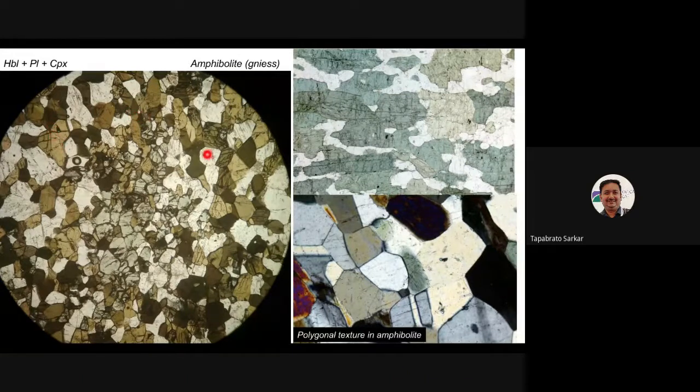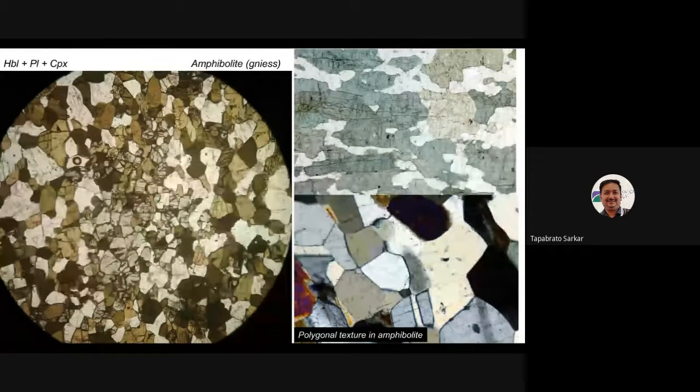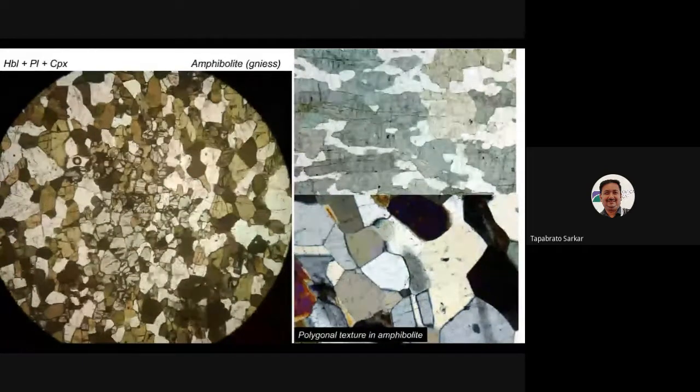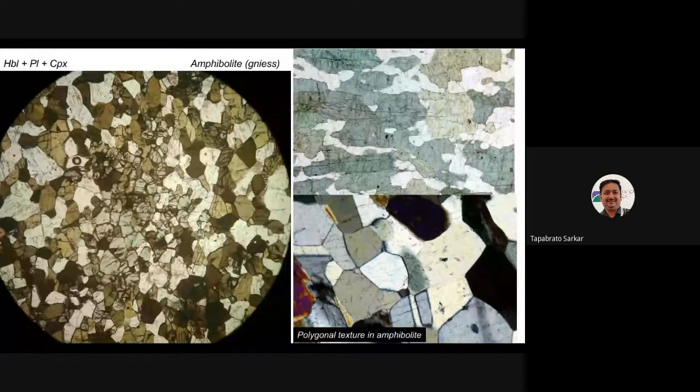So what you see here is that this has become more brownish, and you can see different colors because these are pleochroic, and if you rotate it, single grains will also change their color, from brownish to olive green. This is a typical olive green color. That is the range of pleochroism shown by hornblende.